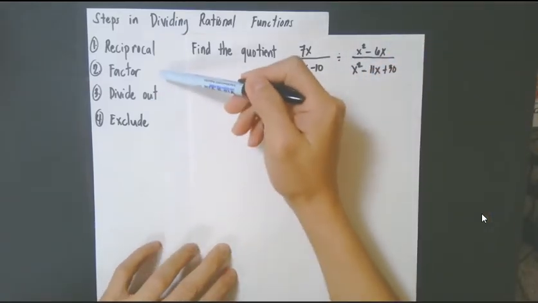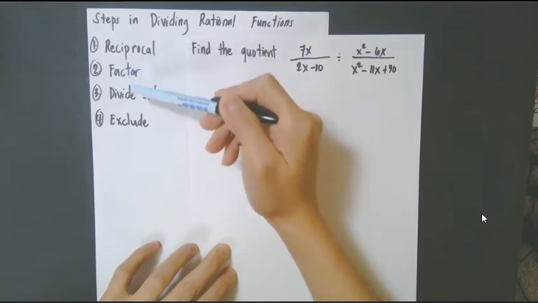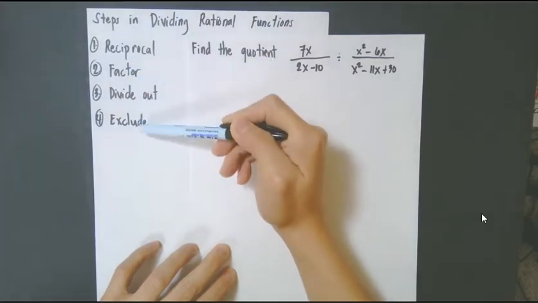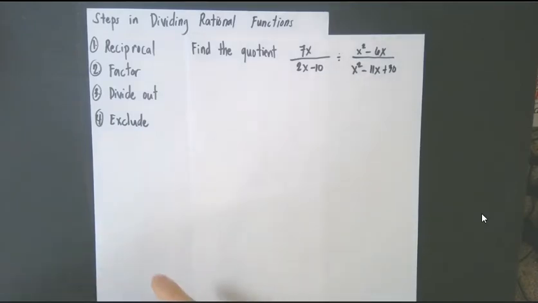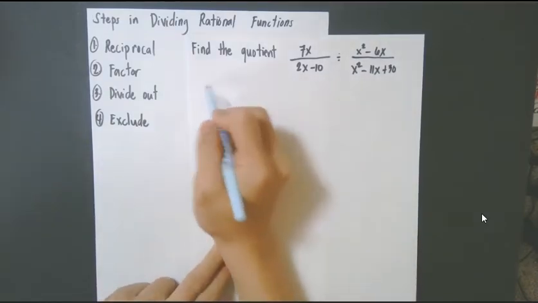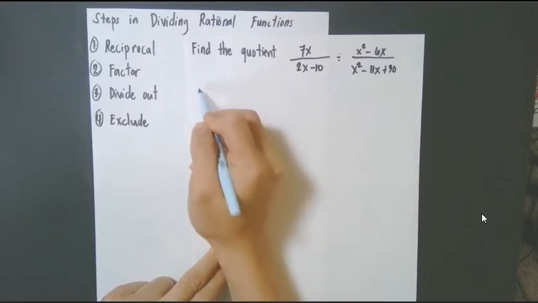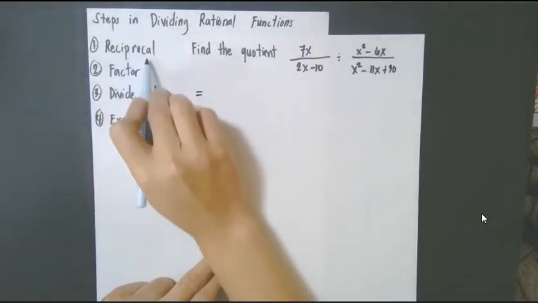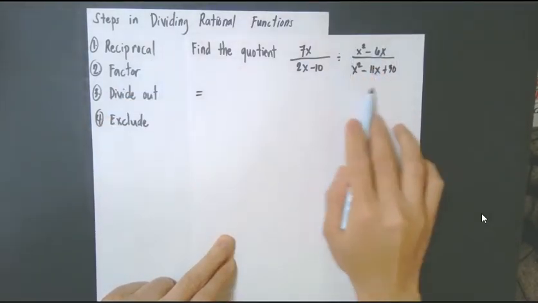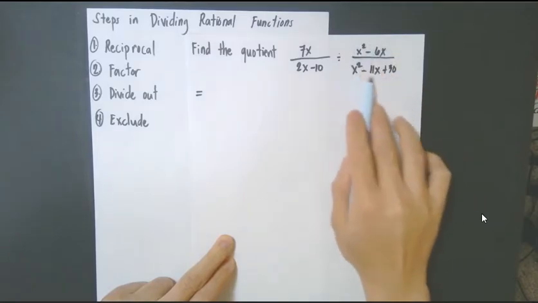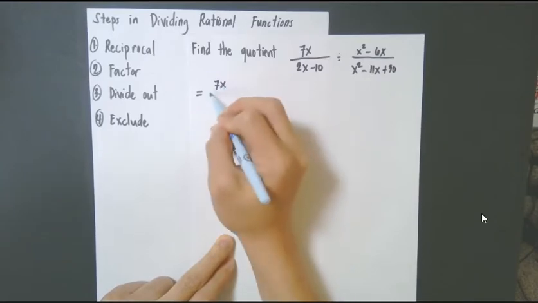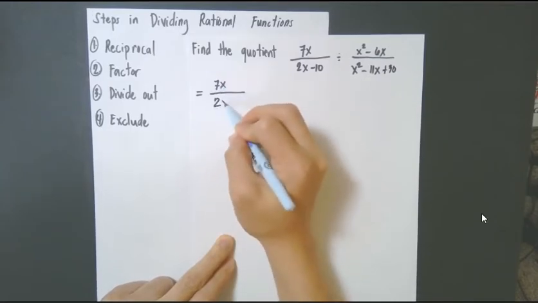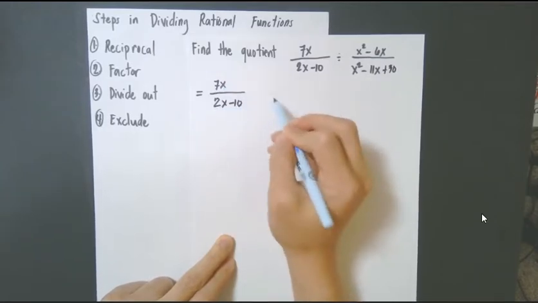And then if you try to observe here, the next three steps are actually the steps in multiplying rational functions. To further understand that, let's try to solve this problem. So reciprocal, so we just need to get the reciprocal of the second rational function. So we copy 7x over 2x minus 10.